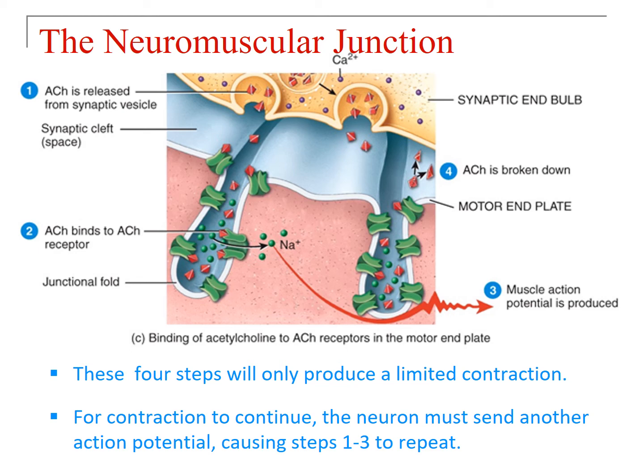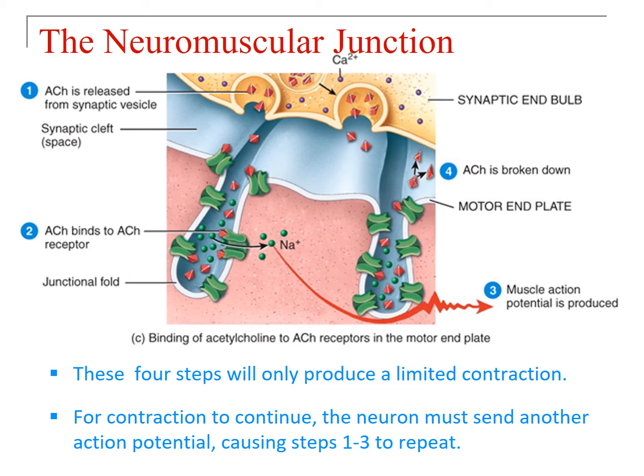Sodium comes into the skeletal muscle cell. Step 3 happens when enough sodium enters at the motor end plate. It will bring the membrane up to -55 on the edges of the motor end plate. This causes an action potential everywhere else in the skeletal muscle cell. So you produce a skeletal muscle action potential.